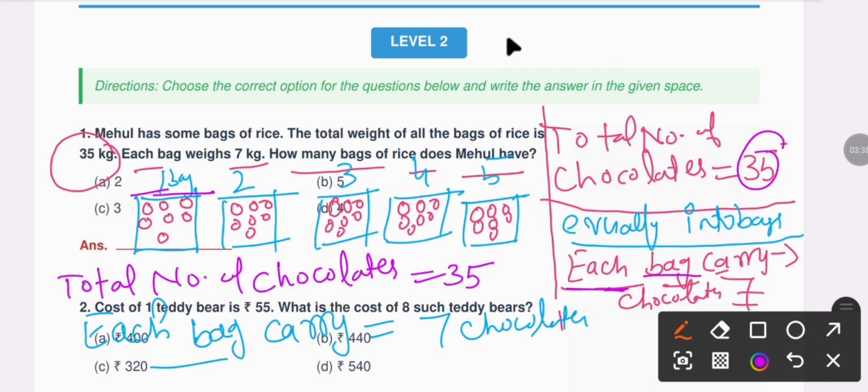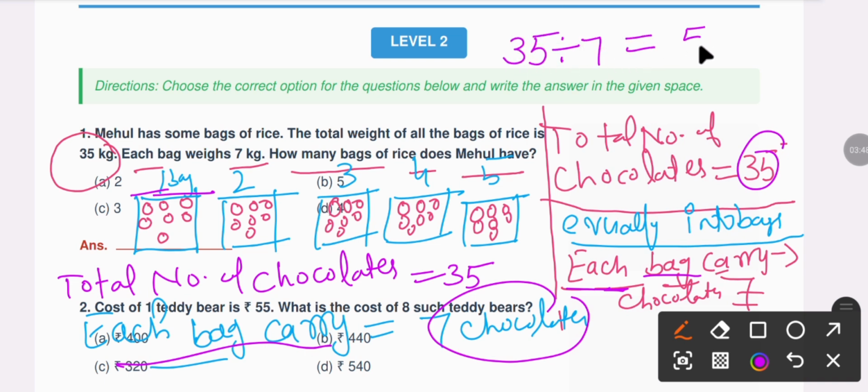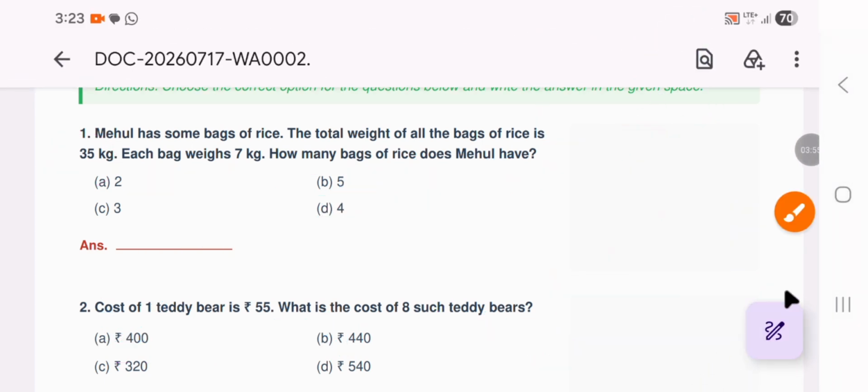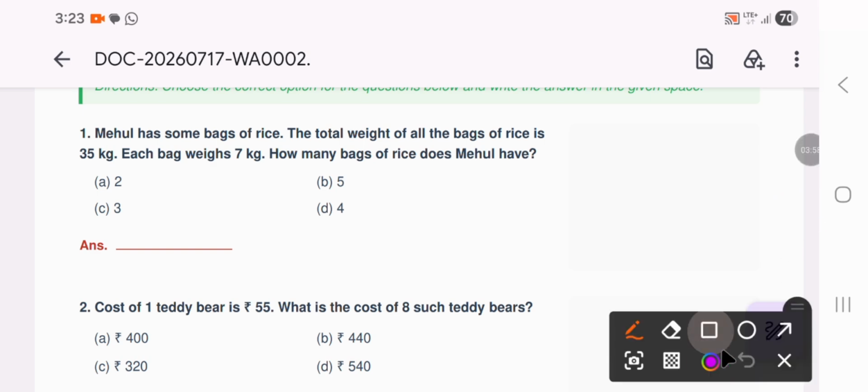I am writing here due to less space. So 35 divided by 7 is equal to 5. So how many bags? 5 bags. So option B, 5.